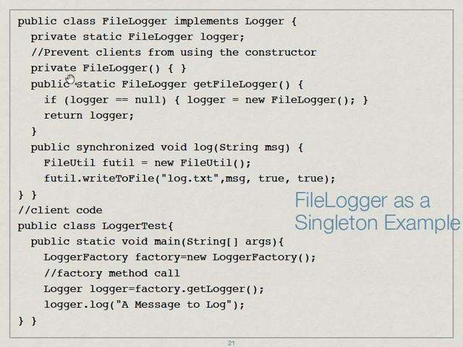So first, I would have this logger as a local variable. Initially, it will be null. And if it's null, that means no one called get logger before, then I would create this, and this will be a private method to create the file, let's say, and it returns the logger.